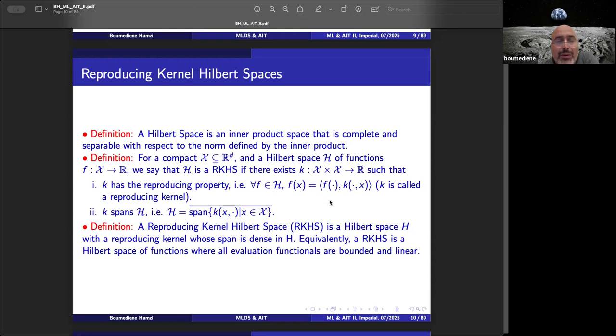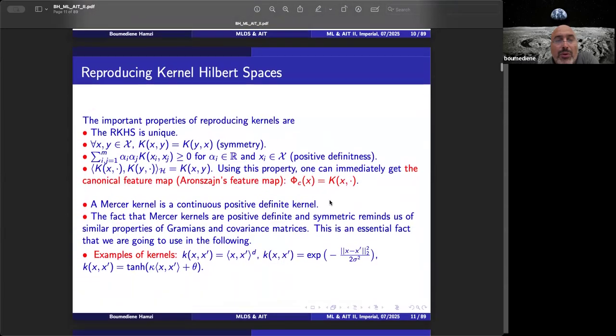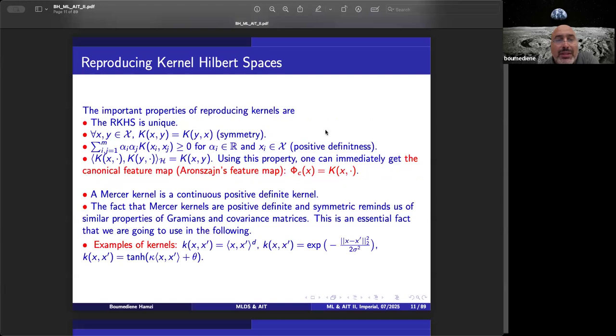And the second is that the span of the reproducing kernel is dense in H. So in a way, an RKHS is a Hilbert space with a reproducing kernel whose span is dense in H. Among the properties of reproducing kernels are uniqueness, symmetry, positive definiteness, and the property that we can decompose the kernel as the inner product of k_x dot with k_y dot in H.